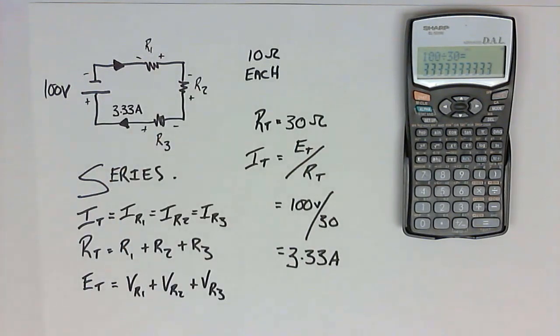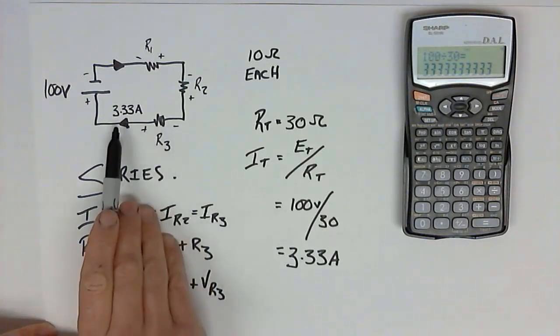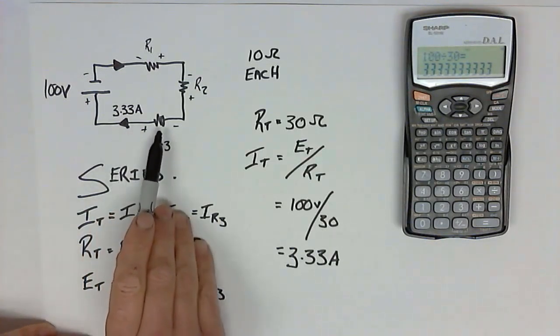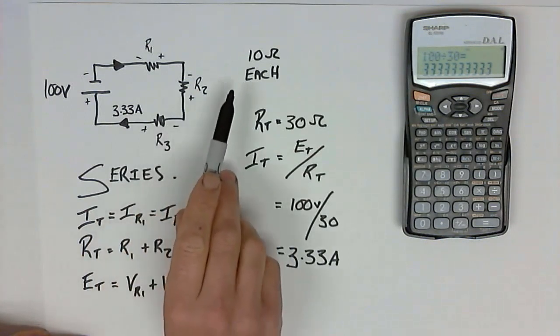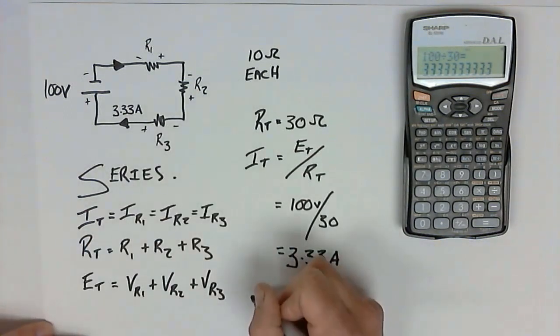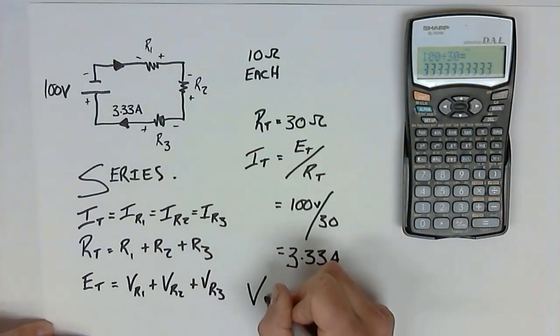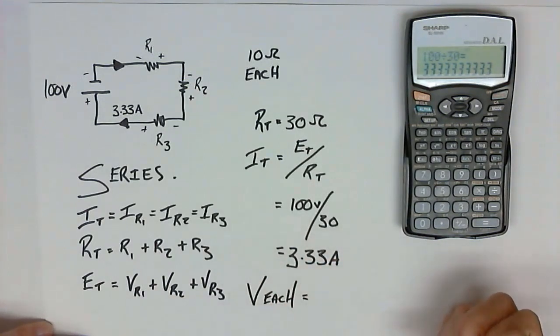Now, how many volts are we going to see present across each one of these resistors? Well, the voltage is equal to the current flowing through it multiplied by the resistance. If each one is 10 ohms, that means the voltage across each resistor would be, well, let's use Ohm's law.